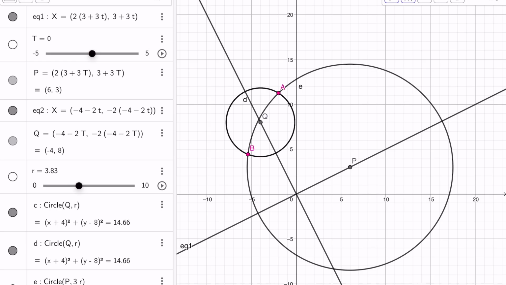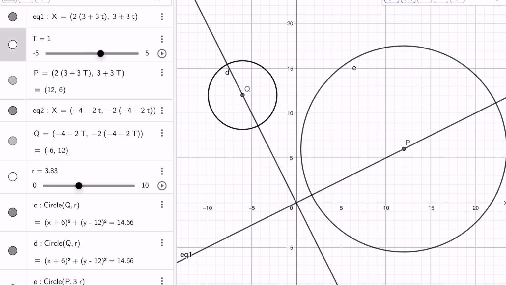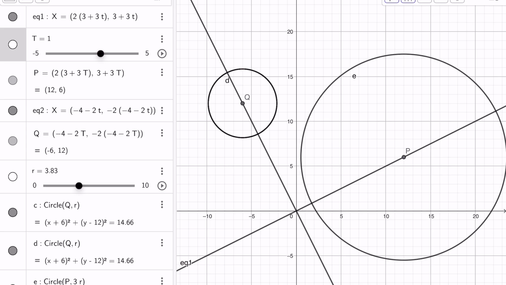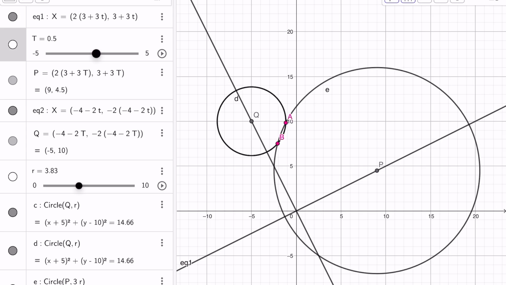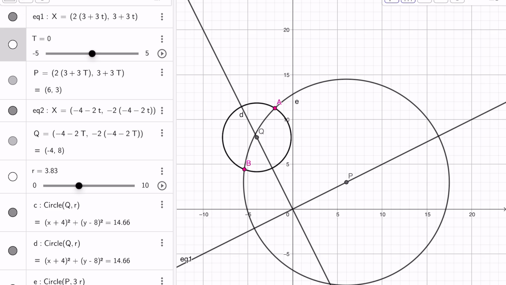And at the moment I've specified time equals 0, and so P and Q are exactly where they are in the diagram, but you're to realise that time changes and therefore P and Q move. So if I change it there, ignore the pink dots for now, P and Q, they move. Okay, but we are actually focusing on what happens when time is 0.